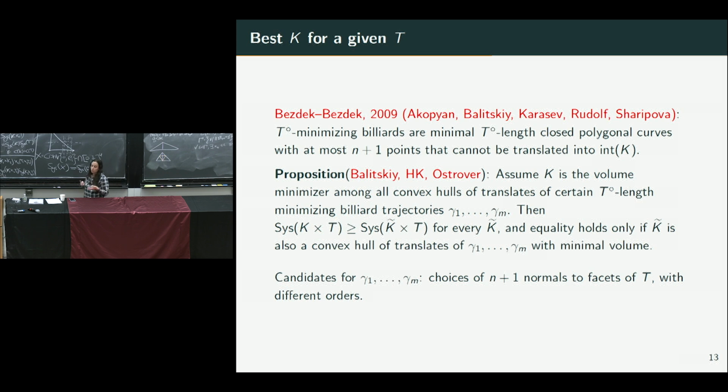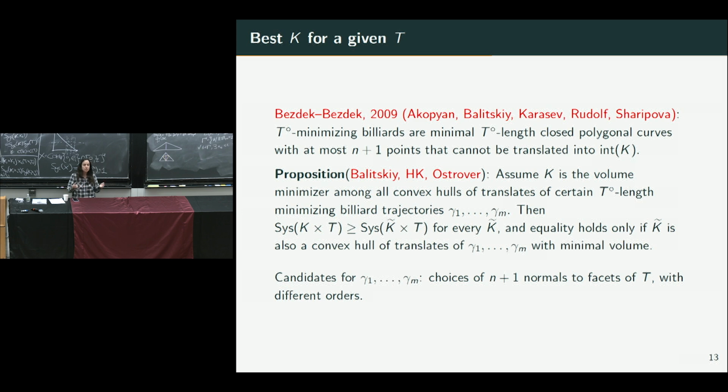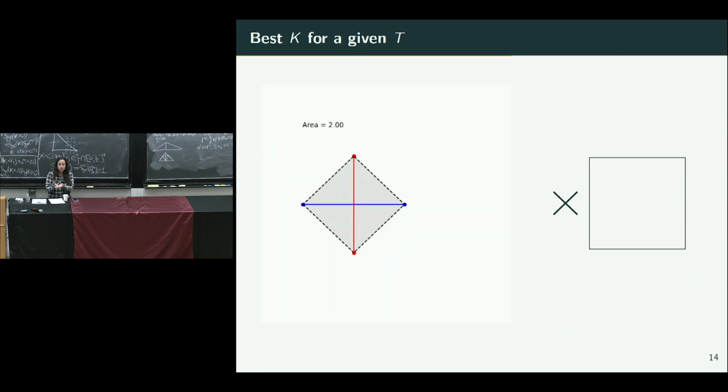I'm taking all possibilities of choices for them and all orders of choices, and this gives me a finite set of curves. And now I'm playing the game of trying to minimize the area of the convex hull of these loops.